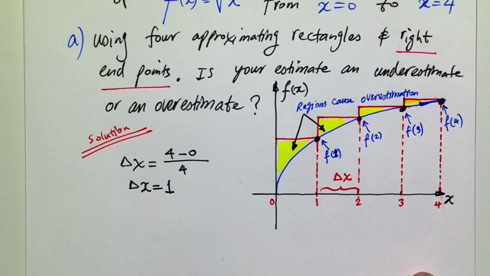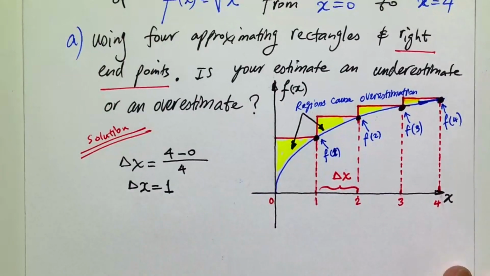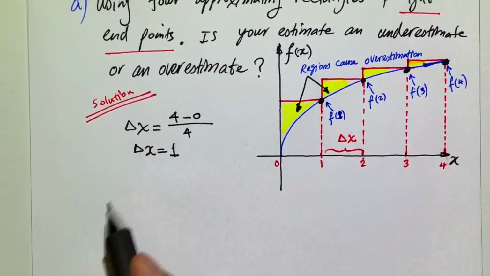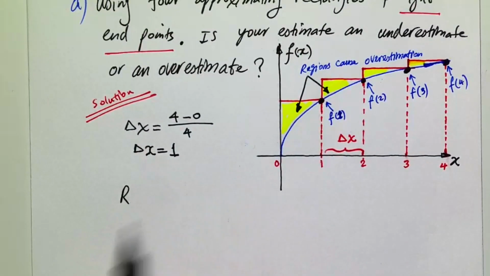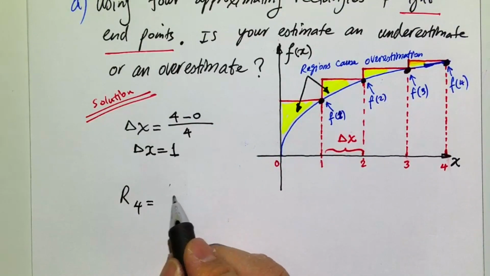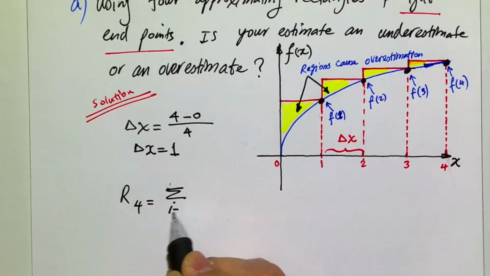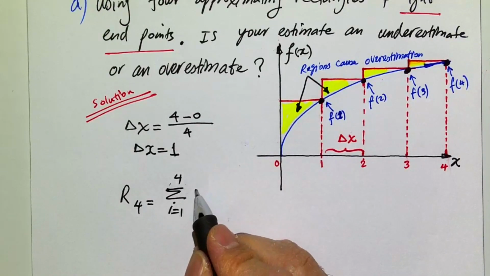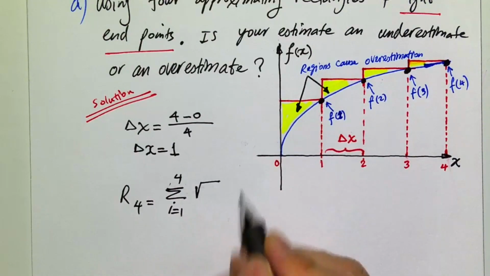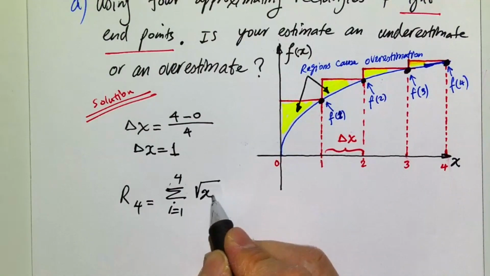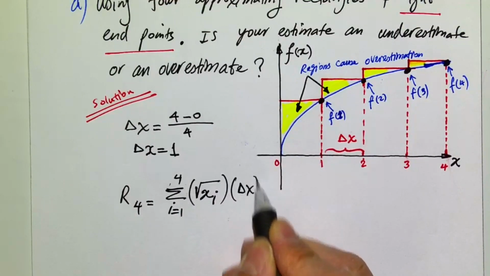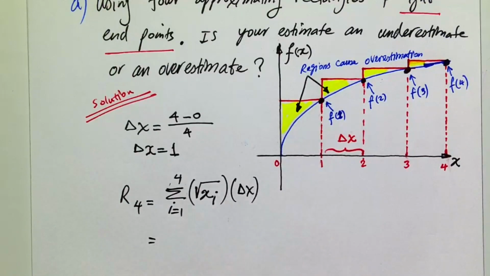So the Riemann sum would be, let me move this up like that. And this would be the right endpoint. So R4 would be the sum from i equals 1 to 4 of the square root of xi, I'm just going to write the function, times delta x, which is 1.